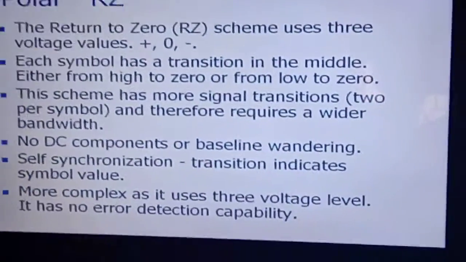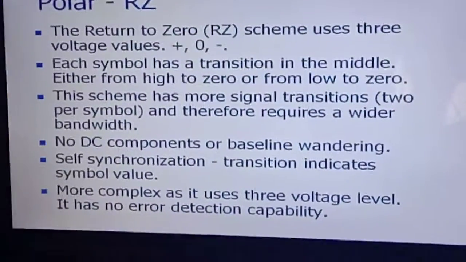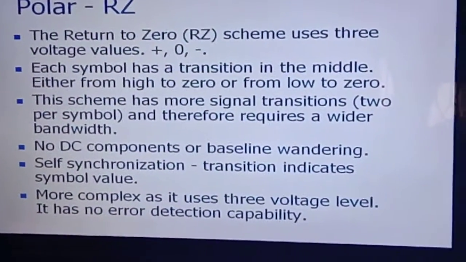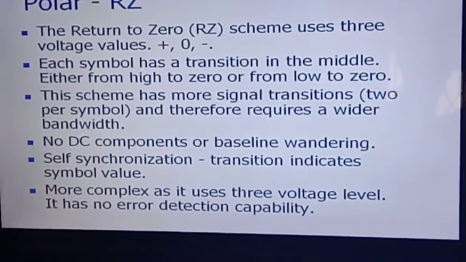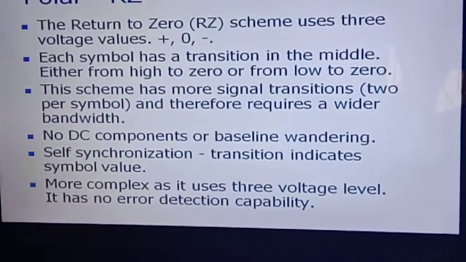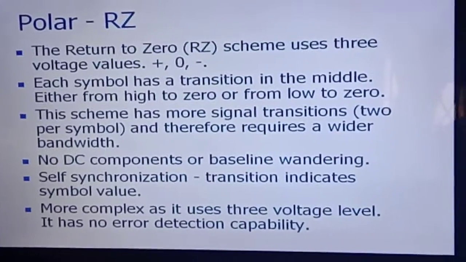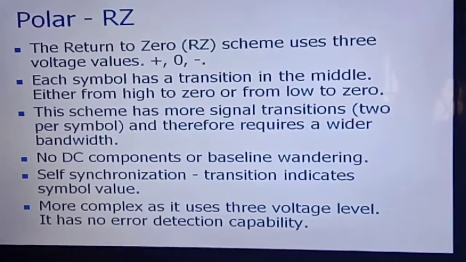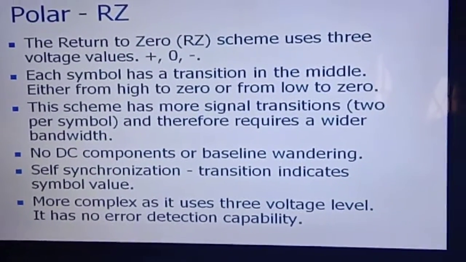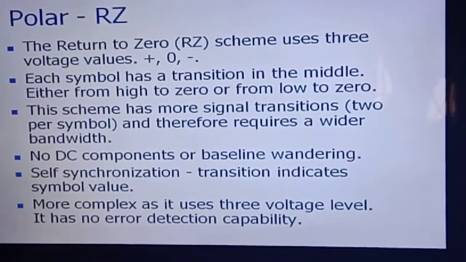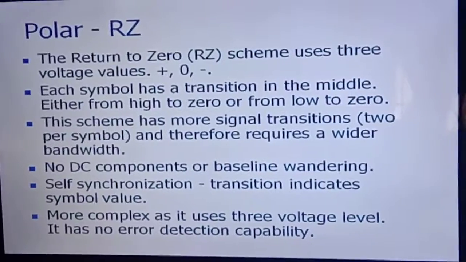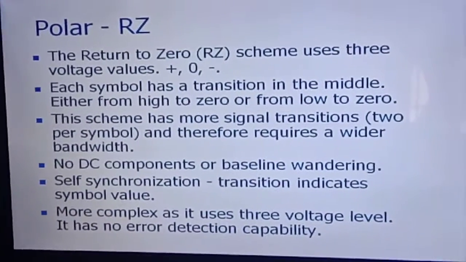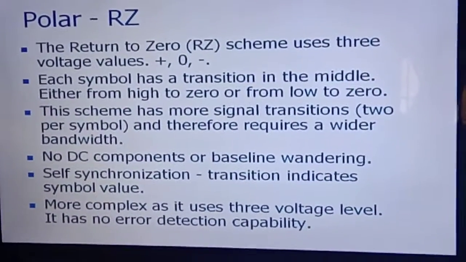But the main advantage of return to zero is that there is no DC component or baseline wandering, and it allows self-synchronization with a transition within each symbol. But there is no error detection capability. When examining line coding methods, first we have to check whether there is any DC component or baseline wandering; if present, that method is not suitable.